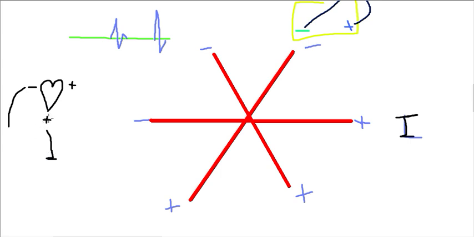In short, this is the negative terminal, this is the positive terminal, this is the axis of lead 2. Whereas in lead 3, we connect the negative terminal through our left arm with the fluid around this region of the heart. This is the negative terminal, and the positive terminal is here. This is the axis of our third lead, lead 3.